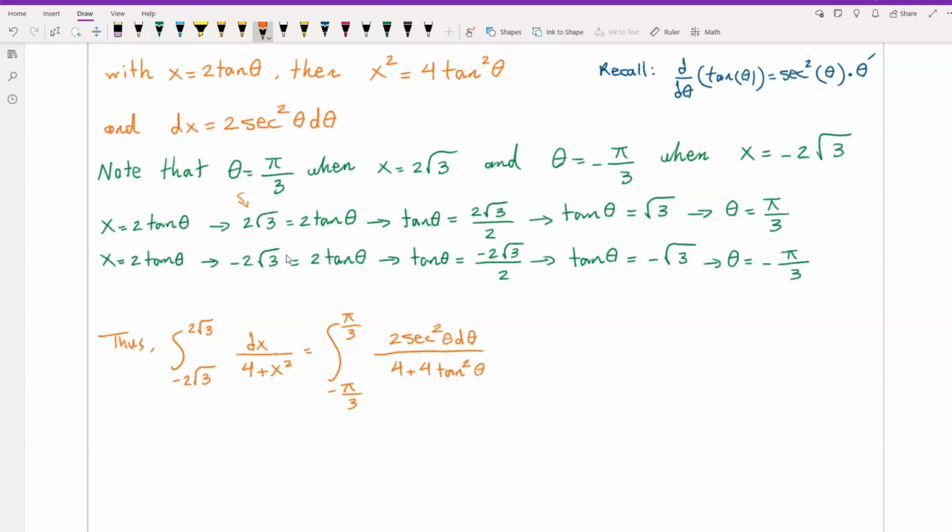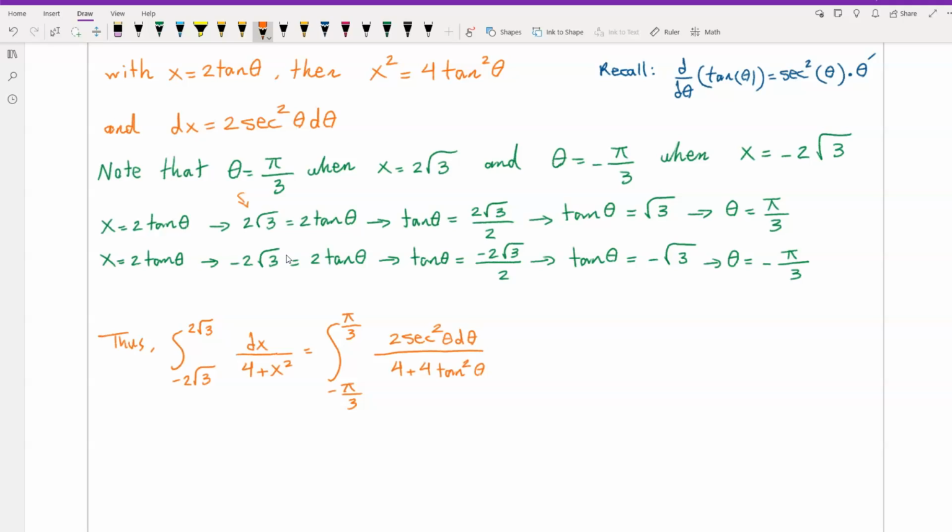So this means when we try to integrate dx over 4 plus x squared, from negative 2 square root of 3 to positive 2 square root of 3, that is equal to, now instead of x here we have theta.